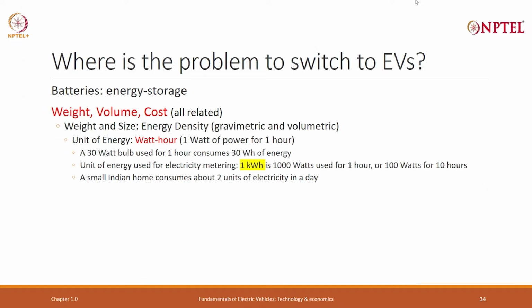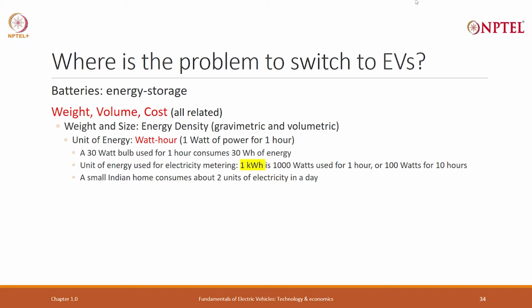So, with all this, one will say, why not switch? What is the problem? The fundamental problem is energy storage. Its weight, volume and cost, they are by the way related. More weight means more material, more volume, and cost depends on the amount of materials that are used.